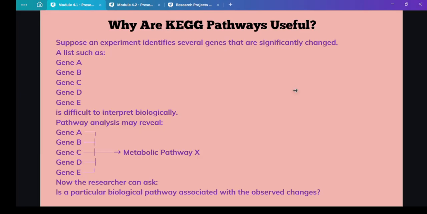So why are these pathways useful? Suppose we have an experiment and we identify several genes that are significantly changed. The list is gene A, gene B, gene C, gene D, gene E. It is difficult to interpret biologically why gene A works, why gene B works.